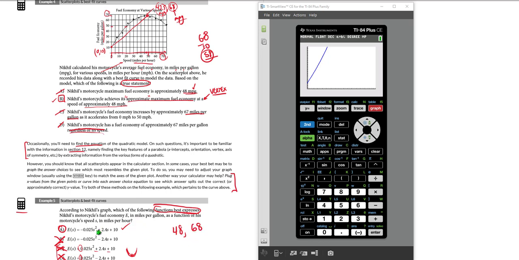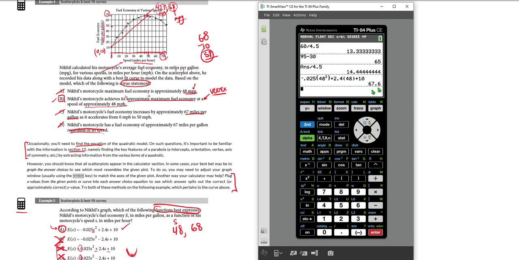What I could do is go into my calculator and do negative 0.025 times 48 squared, plus 2.4 times 48, plus 10. I'm plugging in 48 for my speed, my S value, everywhere I see an S in answer choice A. If I hit enter and get something close to 68, I will know that answer choice A might be a good fit for this curve, and indeed I get 67.6.